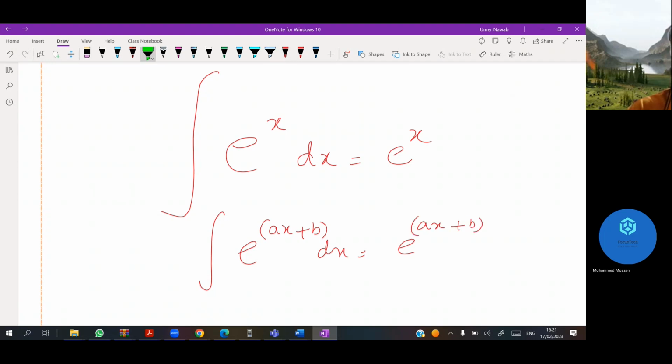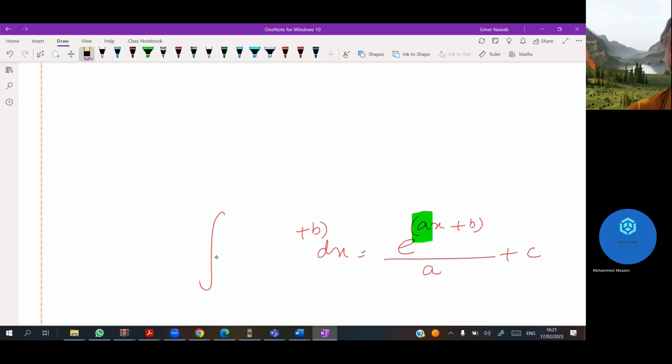We have to divide the expression by the coefficient of x in the power of e, which is a, and don't forget to write plus c. So that's all within this concept.